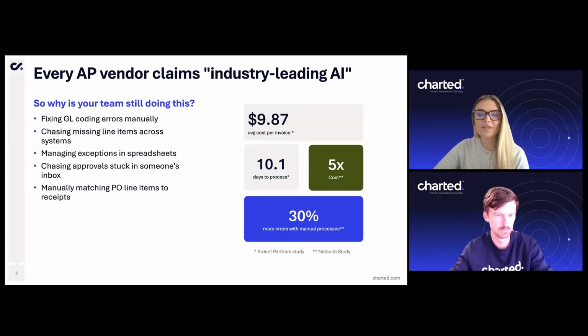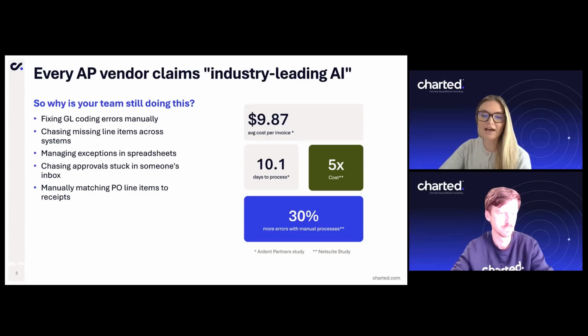You might have line items that don't match across systems, so someone is toggling between tabs trying to reconcile. Exceptions might still be tracked in spreadsheets, which may cause internal visibility issues. And your transactions pending approval might be sitting in the wrong queue because your invoice details were coded incorrectly.